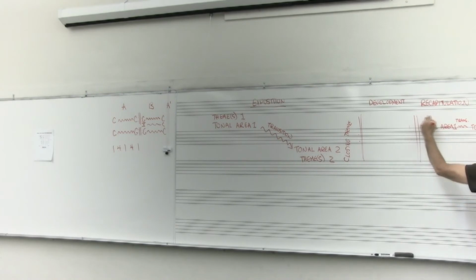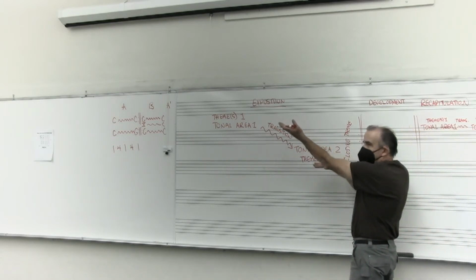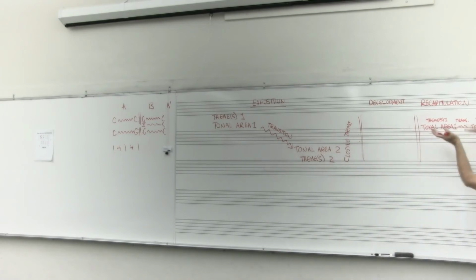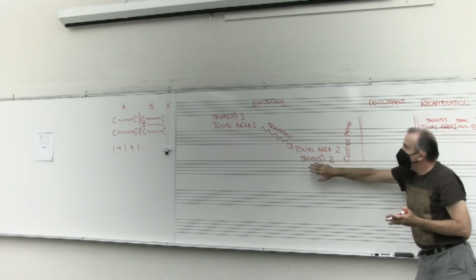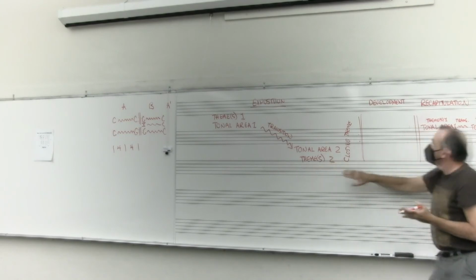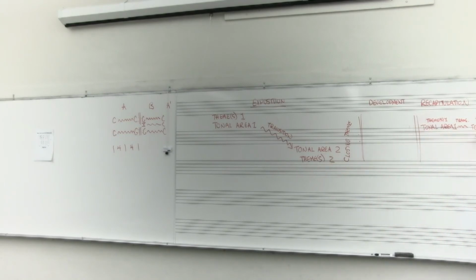So we have theme 1 with theme 2 in the same tonal area. So, whereas we created a structural dissonance in the exposition, we resolved that in the recapitulation by repeating the material that was presented in a different key in the exposition in the same key, both sections in the end.